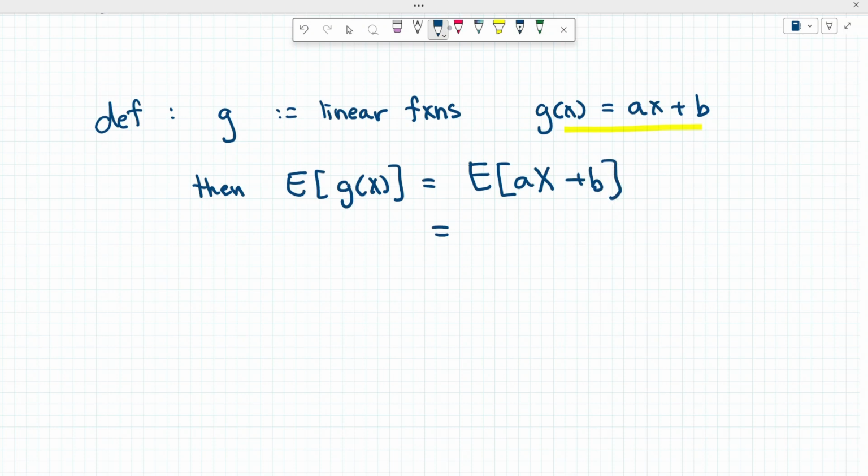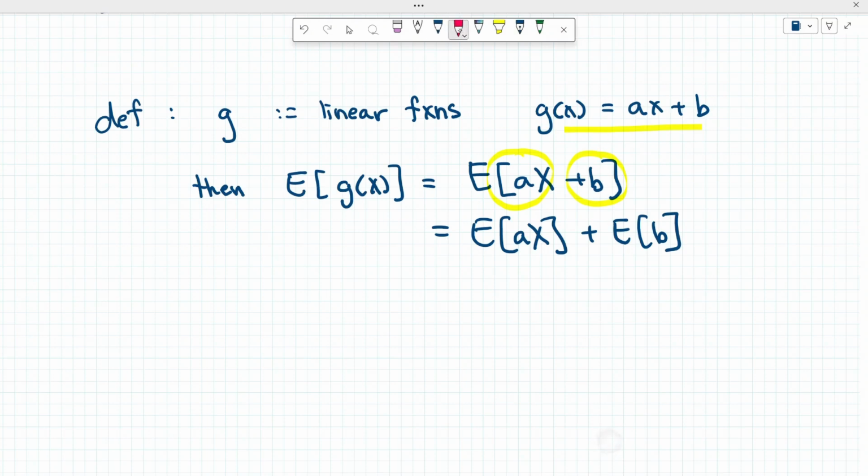Now we can divide this into two, so we can look at both of these terms separately. That means we can take E of ax plus E of b, where b is a constant.